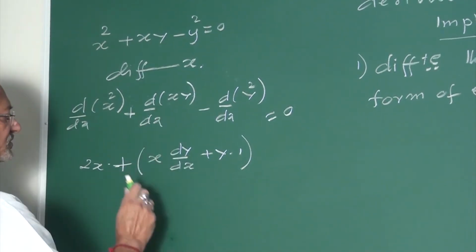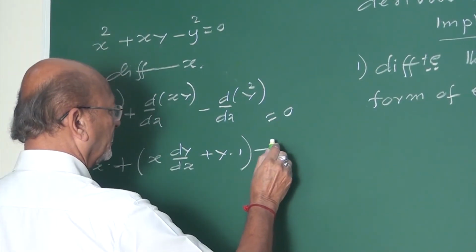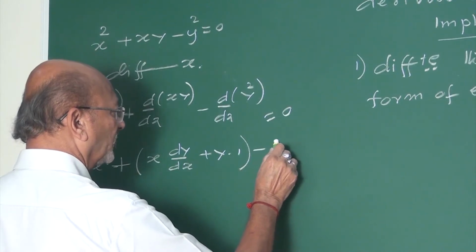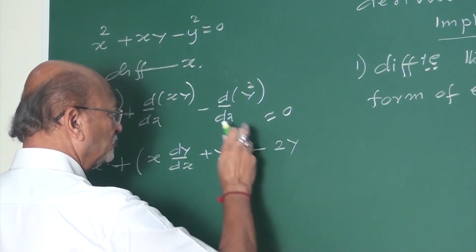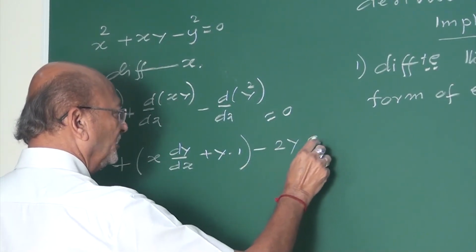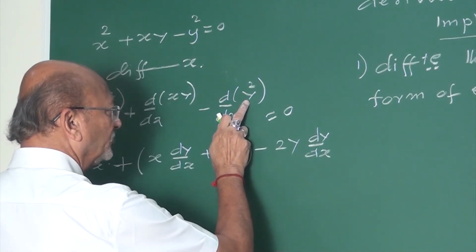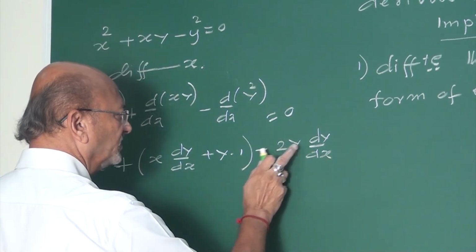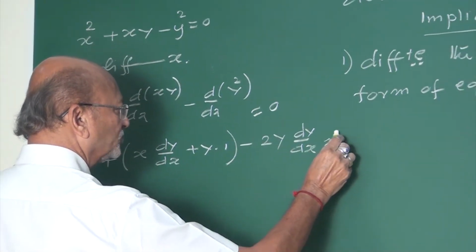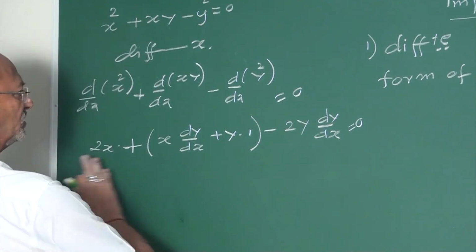Minus derivative of y square: y square first with respect to y into dy by dx. This comes, don't forget. After writing the derivative of y square with respect to y, write into dy by dx, equal to 0. First rule is applied.